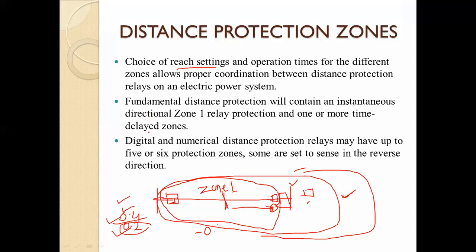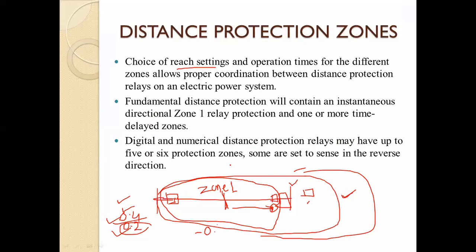Digital and numerical distance protection relays may have up to 5 or 6 protection zones, and some are set to sense in the reverse direction.